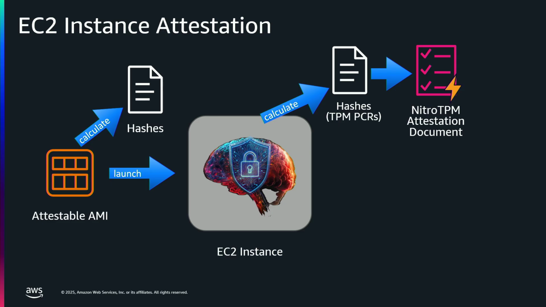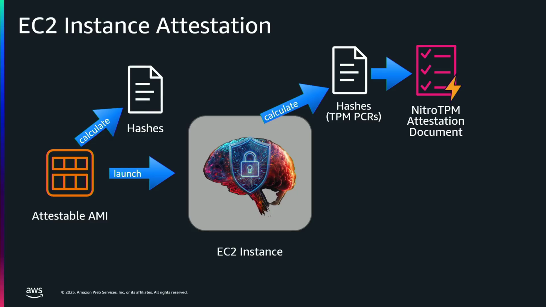It's a component, a virtual trusted platform module that we provide for a while already in EC2 instances. And the new thing that we have launched this year is that this Nitro TPM now can also issue a Nitro TPM attestation document, which gives you all of that KMS integration I was talking about earlier. So you can unlock your secrets based on your boot flow.